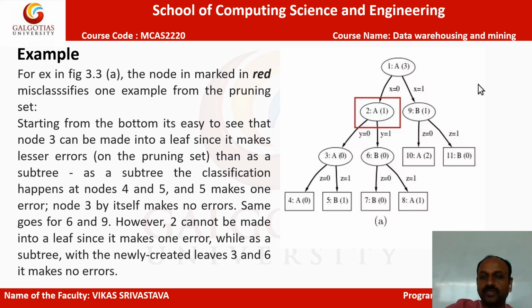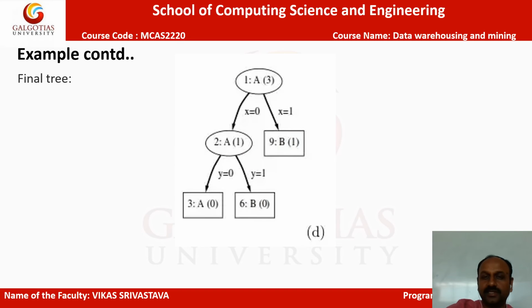The same goes with 6 and 9, so you have some zero errors. How you find out depends on the different types of errors at different levels. So with the newly created tree with 3 and 6, you can see that you have reduced the size, you have just cut it down, and then your final tree comes into this.